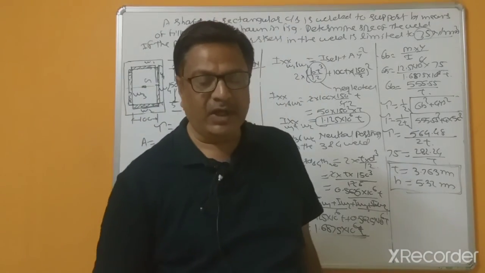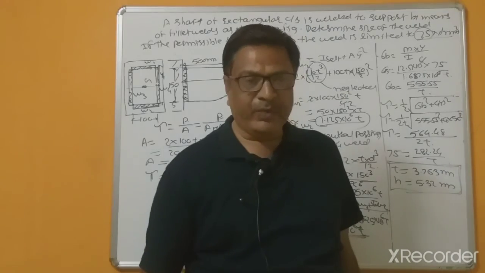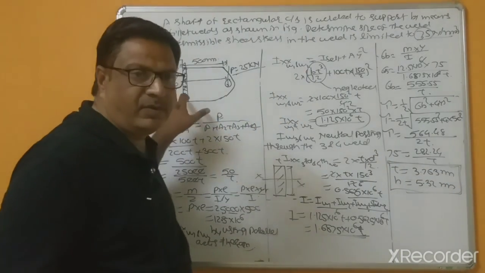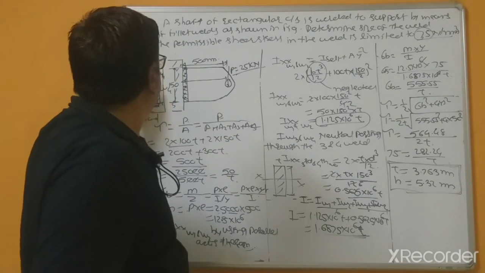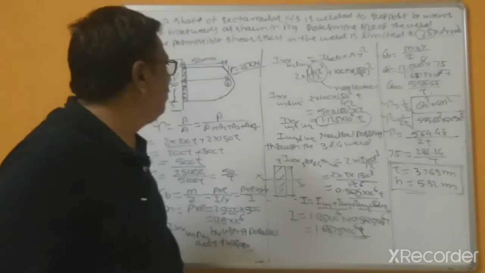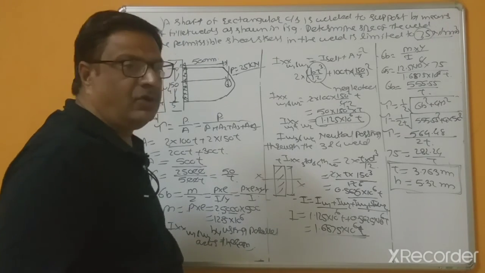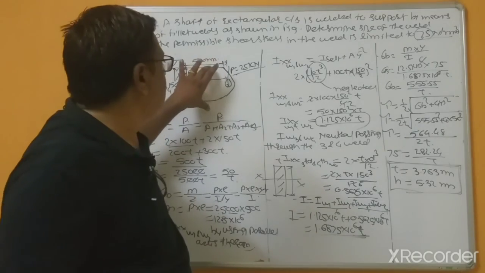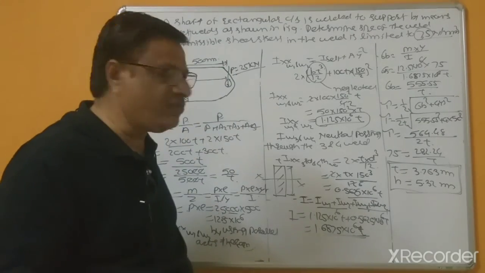So today I will stop here and we will continue in the next class, because these are the problems for horizontal welds, vertical welds, or combinations of horizontal and vertical welds, for rectangular or square sections.